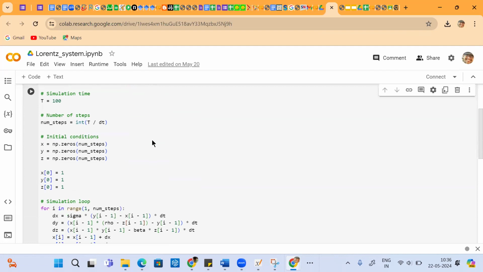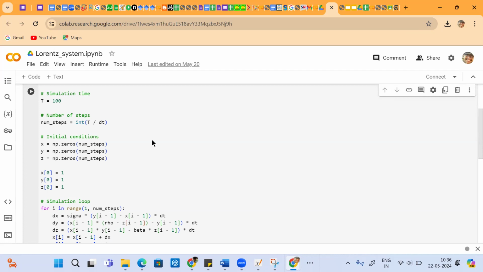We have initialized x, y, and z as NumPy arrays of zeros, whose length is the number of steps mentioned above. The initial values of each of these arrays are given as 1, which is the initial condition. We cannot start with 0, 0, 0, as it behaves unpredictably, so we have given the values as 1.